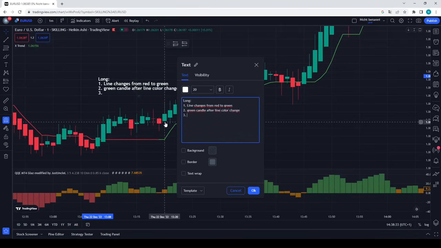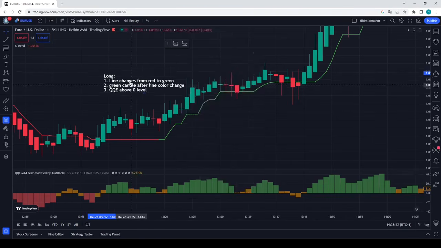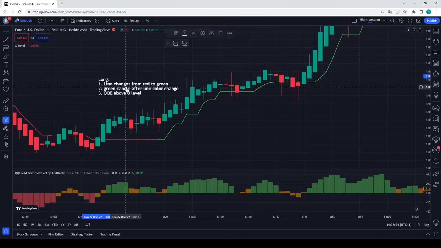And the third thing is that the QQE indicator has to be above the 0 level over here. These are all the three things that have to be valid to enter a long trade.